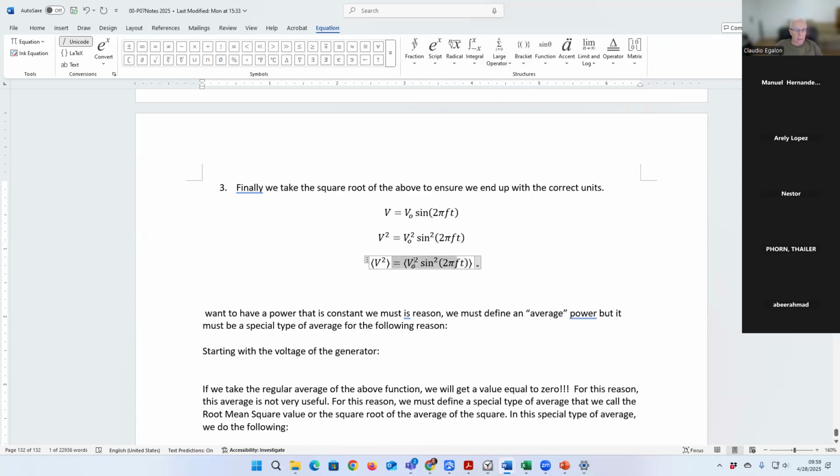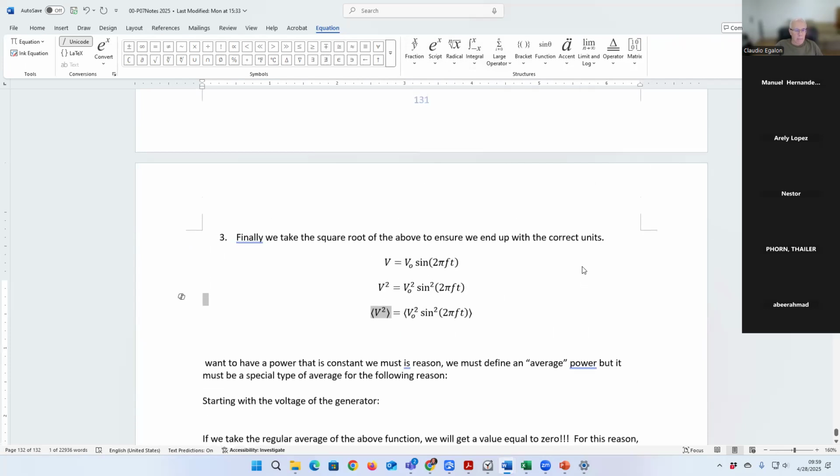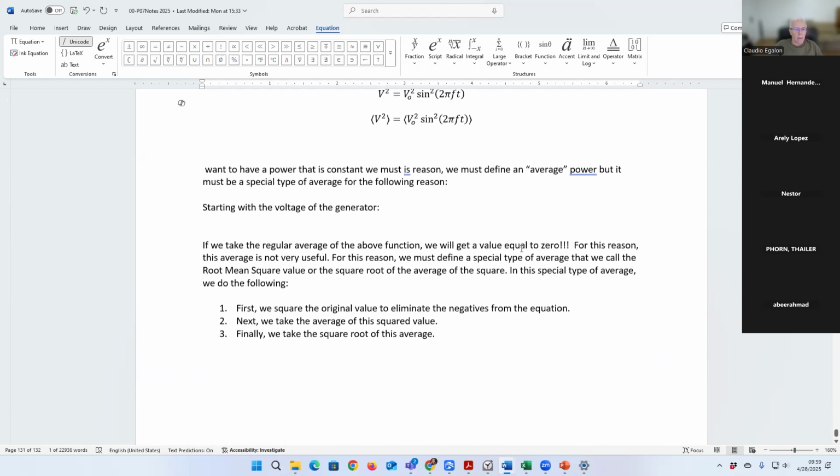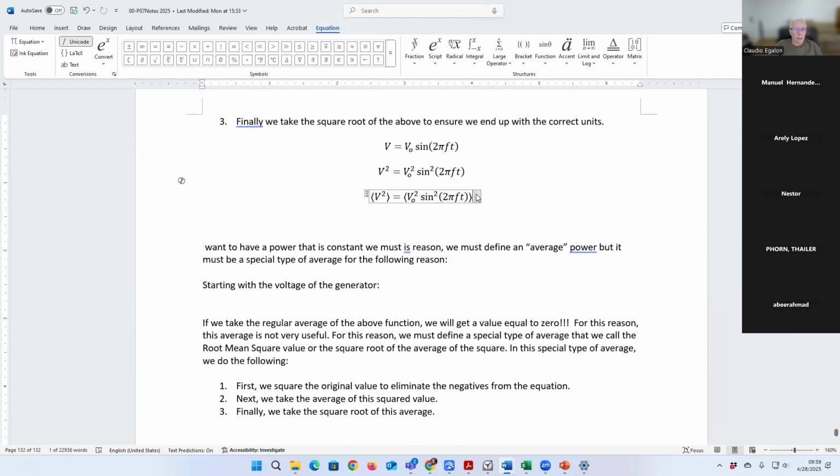Just like before, we're going to have something like that, but then I have to square those.